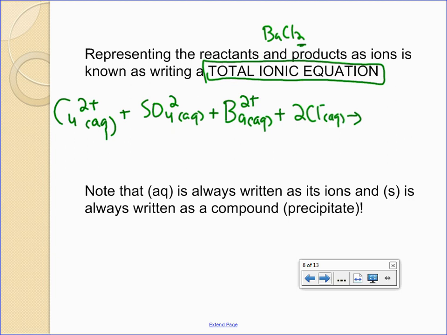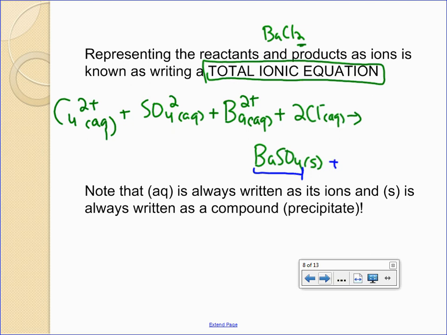Because I'm running out of room, I'm going to continue this just below. We know that we will form barium sulfate, which will be our precipitate. And for anything that is a precipitate, we do not write it as ions. We keep it as the complete ionic compound. Because it's not soluble in water, those 2 ions will stay bonded together.